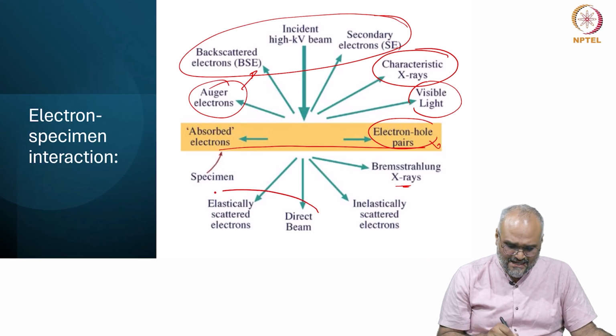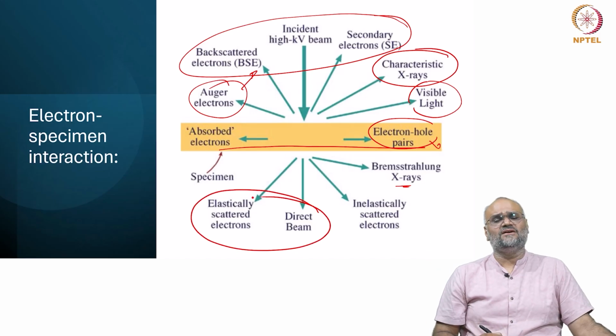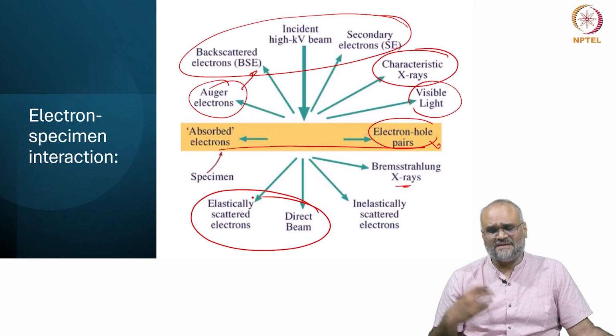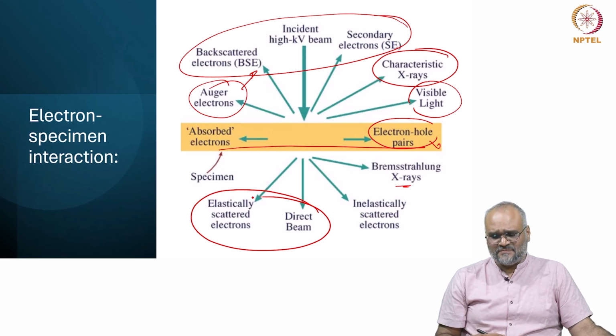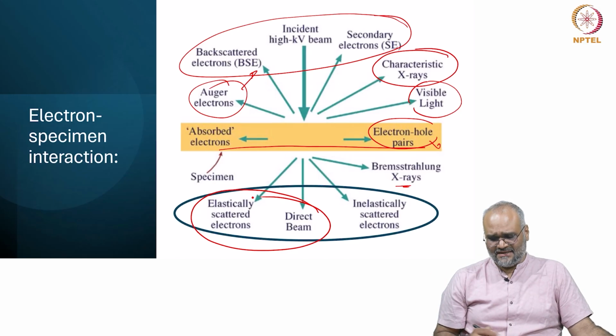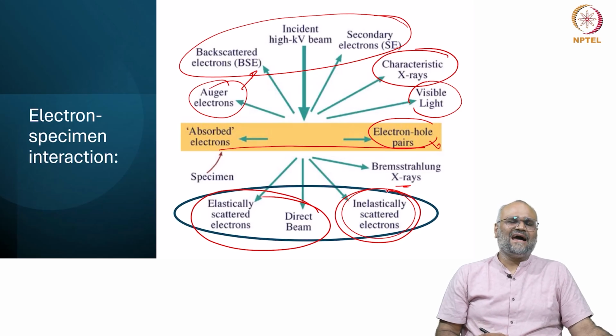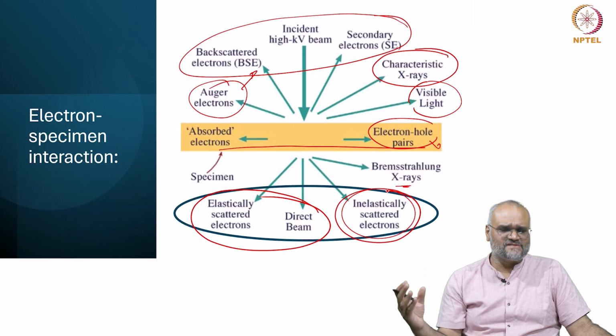The direct beam and elastically scattered electrons, we've seen the applications in imaging, primarily the mass thickness contrast concepts that we covered. And in this particular lecture, we will look at the forward scattered electrons and primarily focus on the inelastically scattered electrons, which are collected in a spectrometer either in column or post column.